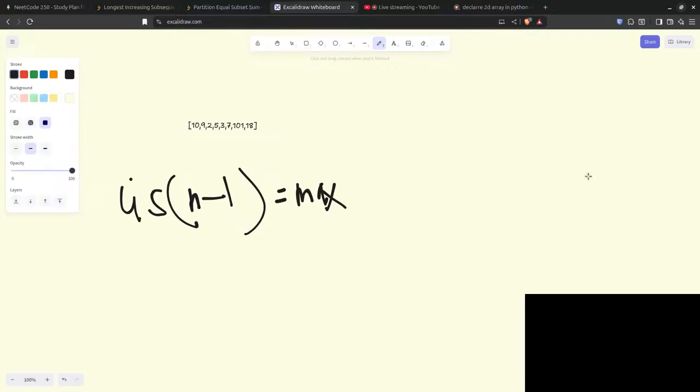Problem is with this, what I'm not able to understand is why does LIS n minus 2 not store the longest subsequence value till here? That's what it's supposed to do. I'm not sure. Okay, try another method.